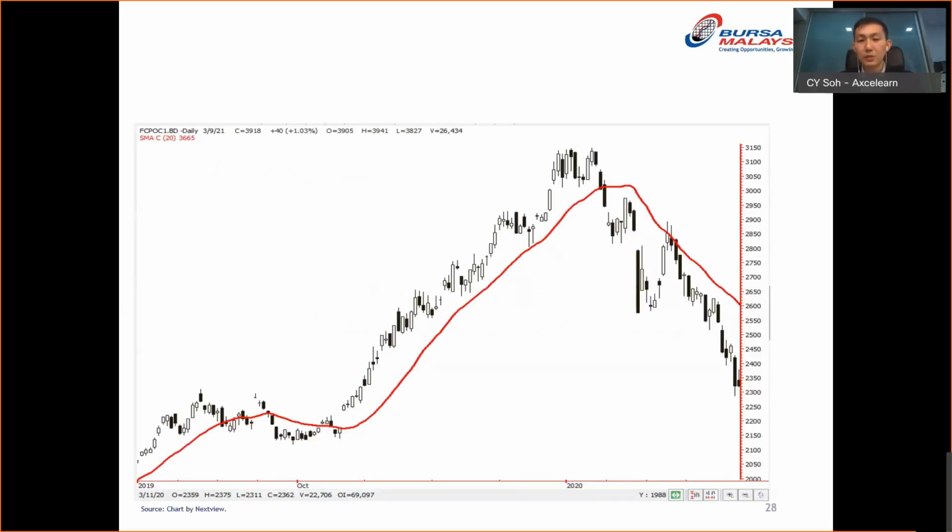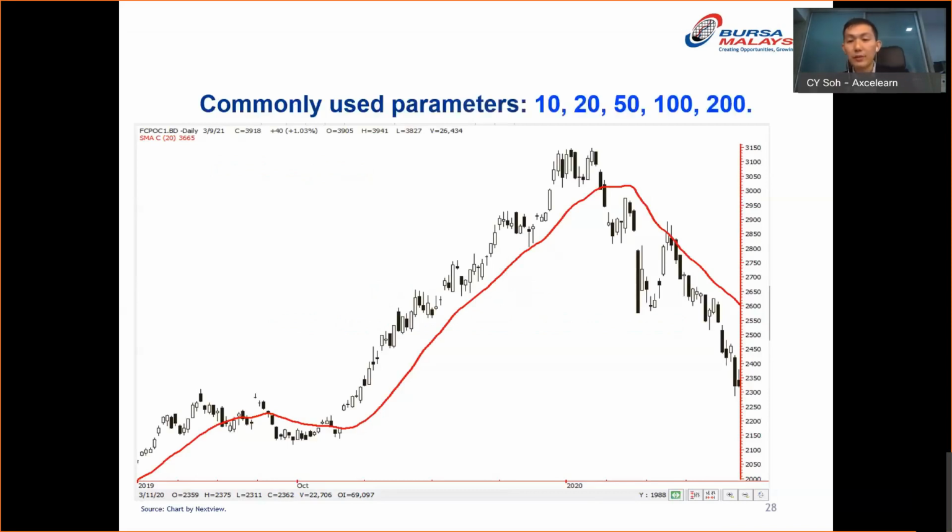Which parameter is good for you to use when it comes to moving average? There are a lot of common parameters that you can use, for example MA2, MA3, MA30. But I'll give you a quick guidance: these are the commonly used parameters in the market, which are 10 days, 20, 50, 100, and 200 days for moving average.